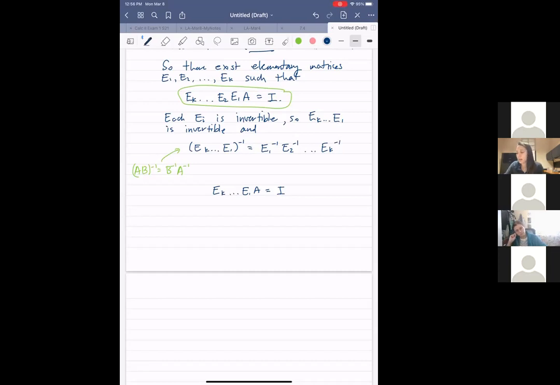So remember, when we multiply in a matrix equation by something, we have to multiply by the same thing on the same side, right? So it matters which side we multiply by. So I'm going to multiply on the left by E1 inverse times E2 inverse up to EK inverse. So we get this thing, and then we get E1 inverse times E2 inverse up to EK inverse times the identity, right?